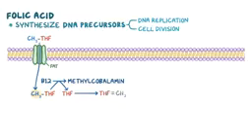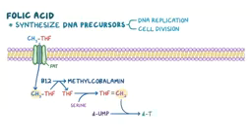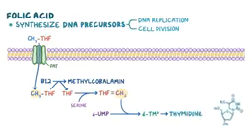THF then gets an extra methylene group from serine, an amino acid found within the cells. THF quickly transfers the methylene to a nucleotide called deoxyuridine monophosphate, or dUMP for short. As a result, dUMP becomes dTMP, or deoxythymidine monophosphate, which can then be converted to thymidine, one of the nucleotides used to build DNA.